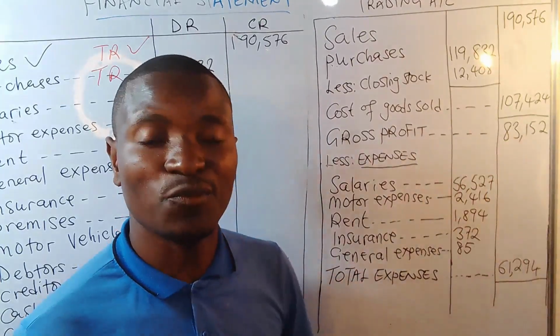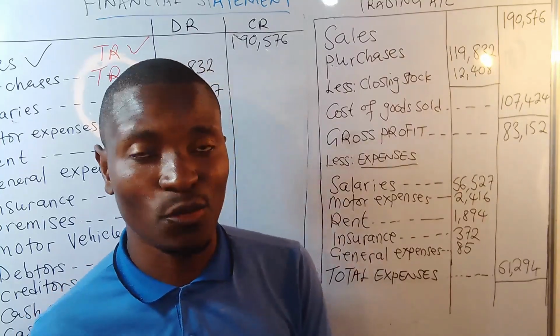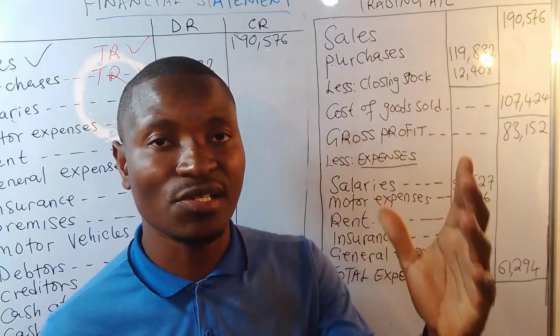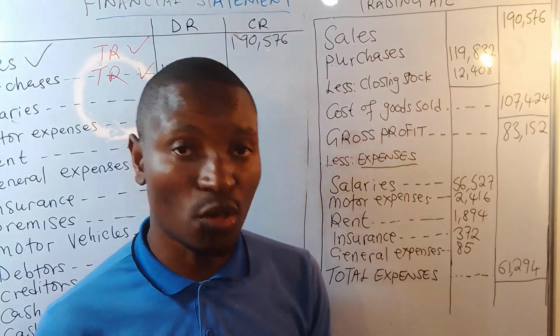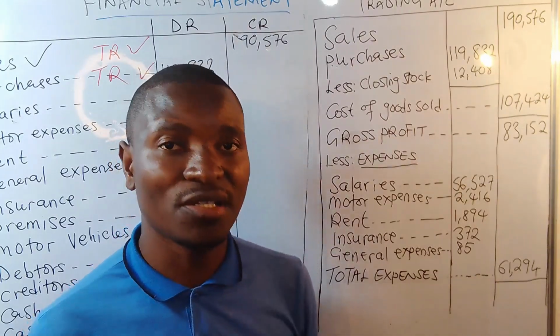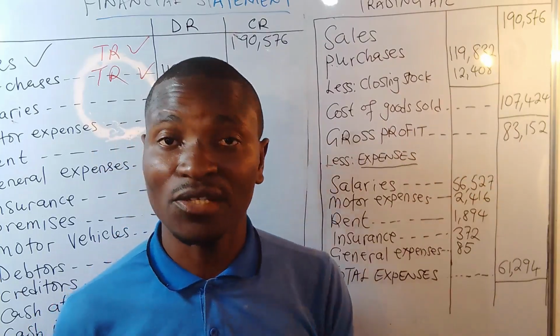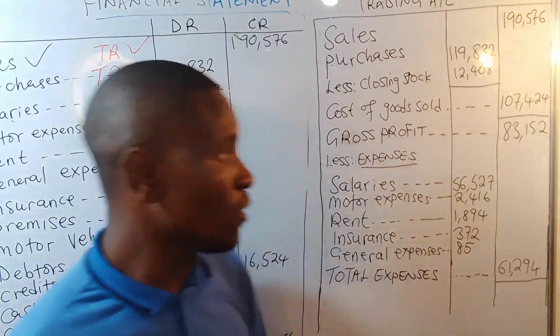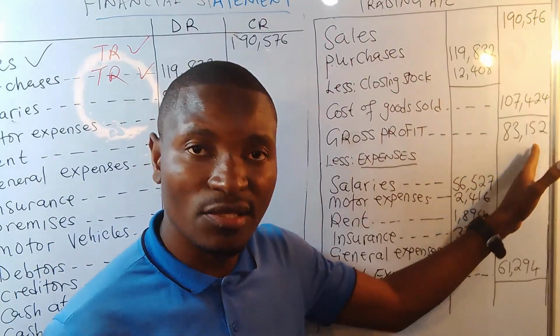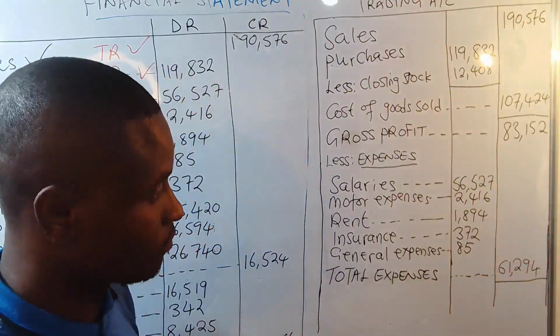So once we do the subtraction, now the answer will depend whether if we have more expenses than we have the gross profit, then we're going to have a negative, and that is a loss. And if we have less expense, we have more gross profit, that is going to be a net profit. Okay, so now let us subtract that, this minus that.